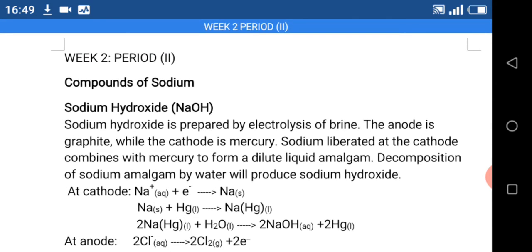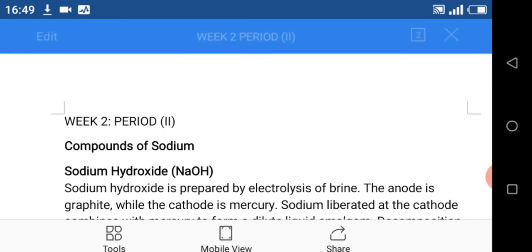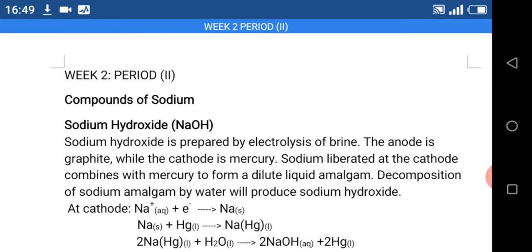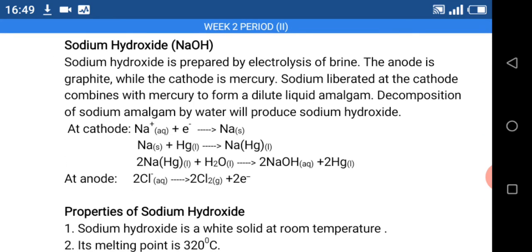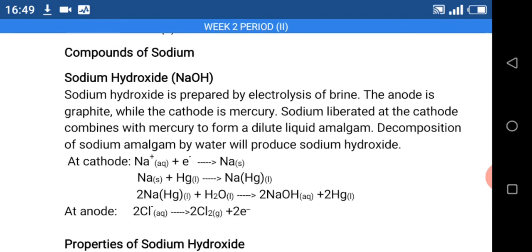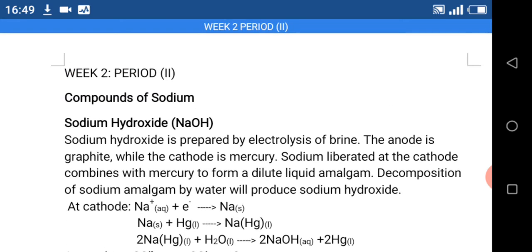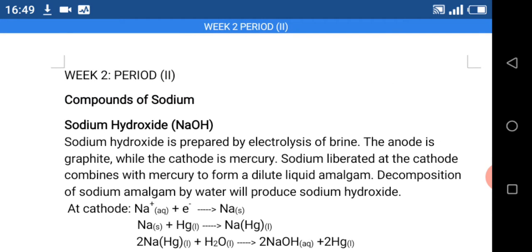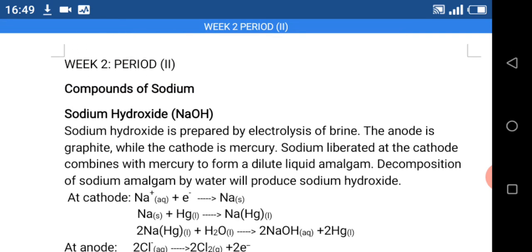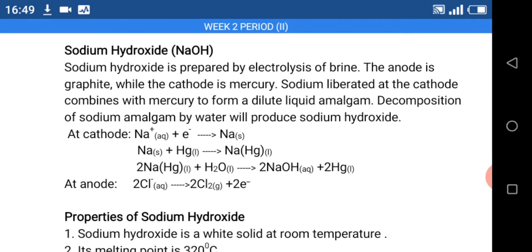Inshallah, in this class, we want to look at compounds of sodium. The first compound of sodium we want to look at is sodium hydroxide, NaOH.